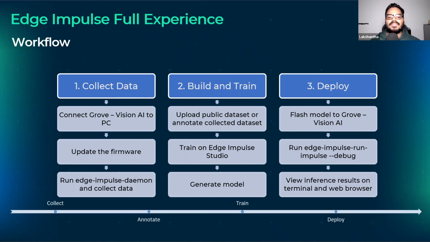And after training, we generate a model, and we flash that model into the Grove Vision AI module. And then after that, we perform the AI inferencing, which will be viewed on a web browser. So I will walk through all of this next.